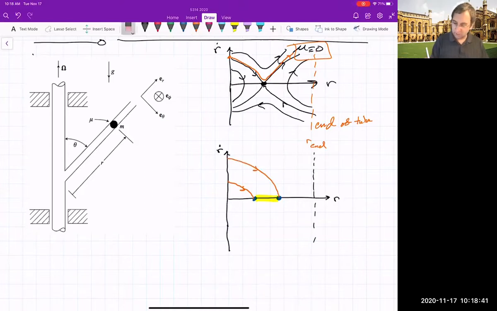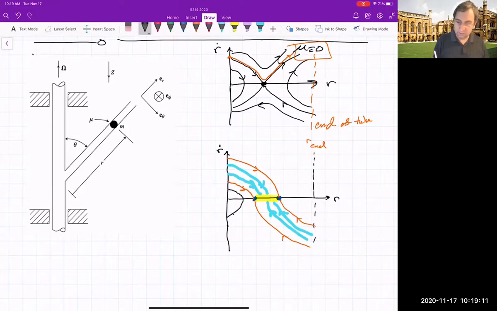And then going downward, we also have orange. So everything inside this orange lane, these are trajectories that are going to end up, we'll color them in cyan, at the range of equilibrium points. And then things that are outside of that will not, so they will do other things.